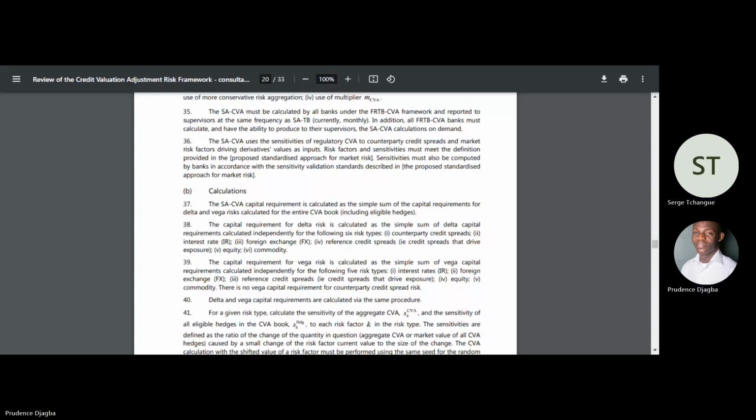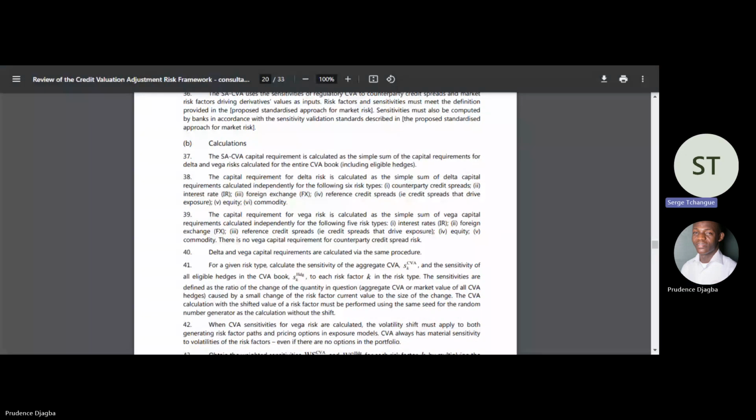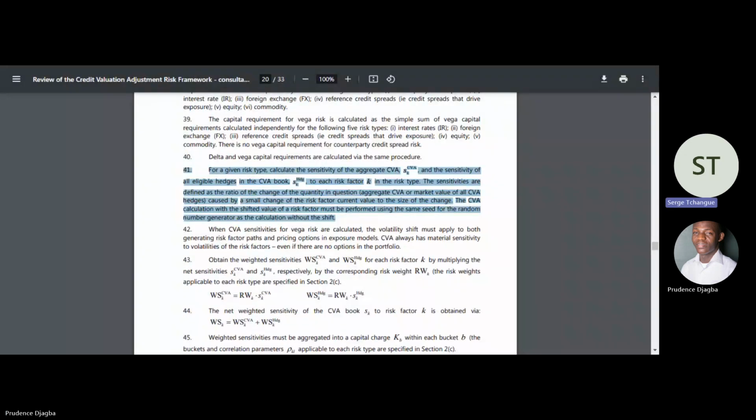So basically what I want you to understand is that you need to be able to calculate CVA and CVA sensitivities. And actually, there are two types of sensitivity here that they want us to calculate in point 41.